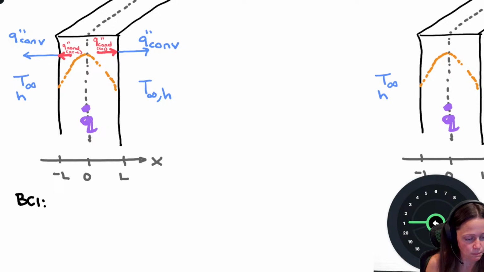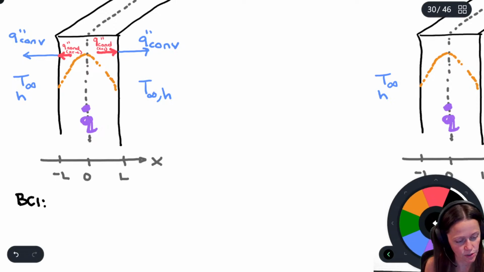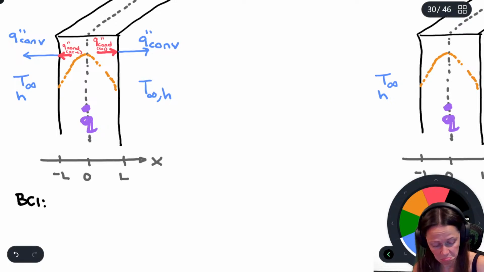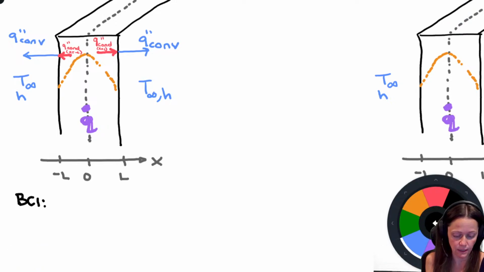So, perfect, let's do our boundary conditions here then. For the first boundary condition, let's do it at x equals negative L. At x equals negative L, I'd have Q by convection.